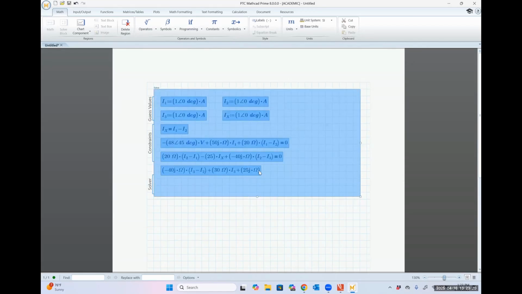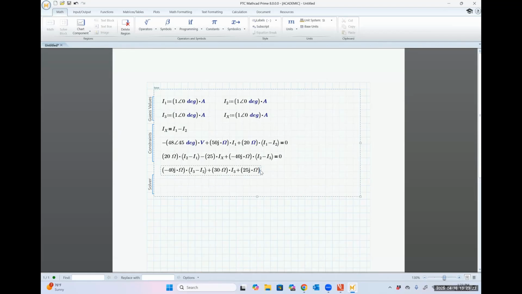I don't know why it keeps doing that. Times also I3. That is not what I wanted. Control equals to 0. And I've got my 4 equations.